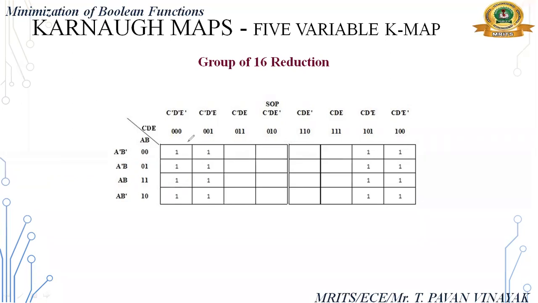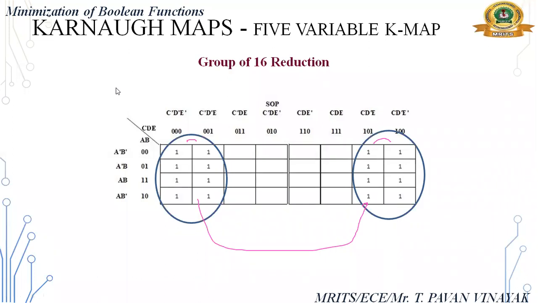Have you observed? These two are reflection parts, so you can take them combinedly as a group of 16. So the answer is the common term. Check the common term. What is the common term? D bar is common.